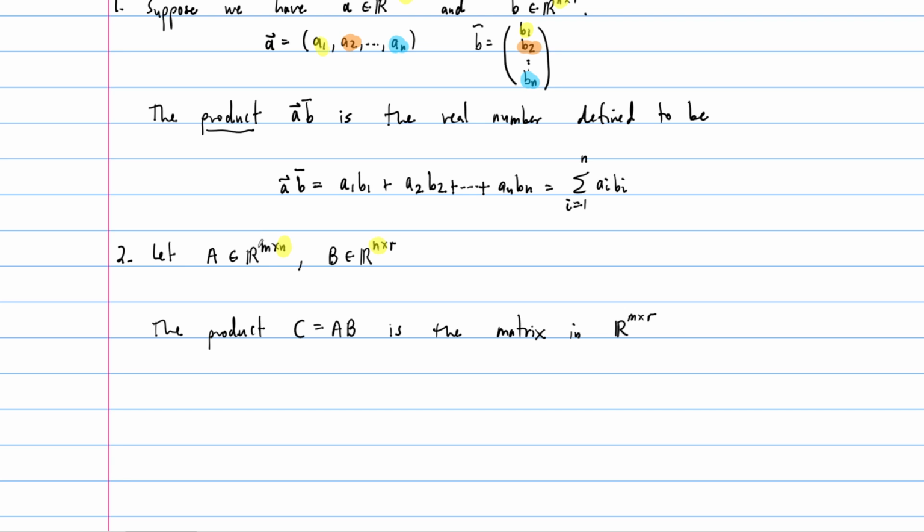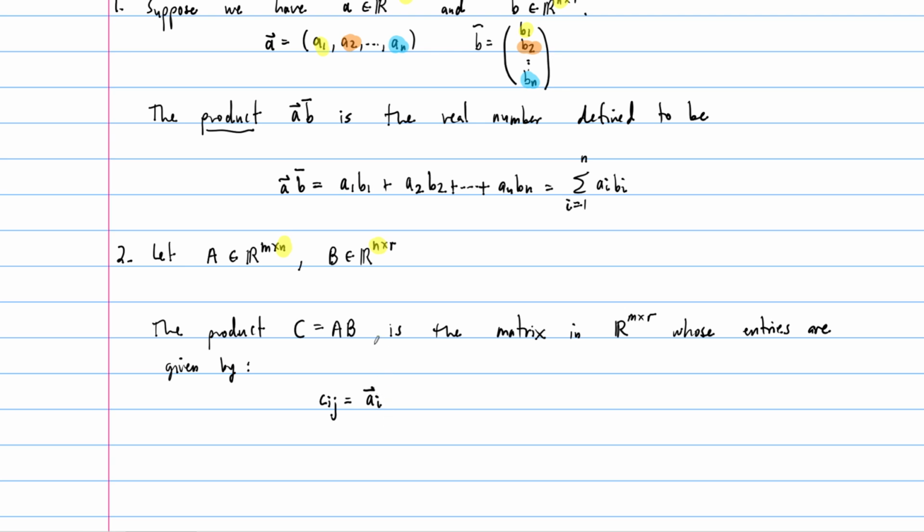So it's going to have the same number of rows as the first and the same number of columns as the second. And the key here is how we define the entries, right? So whose entries are given by the following. So again, we need to know Cij, right? So Cij, the ijth entry of the matrix C, is going to be the ith row of A.